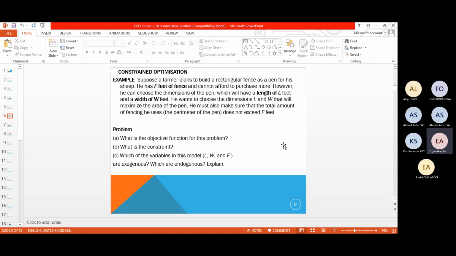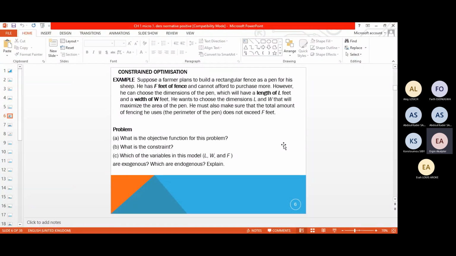He wants to choose the dimensions L and W that will maximize the area of the pen. He must also make sure that the total amount of fencing he uses, the perimeter of the pen, does not exceed F feet. The problem here: what is the objective function for this problem?